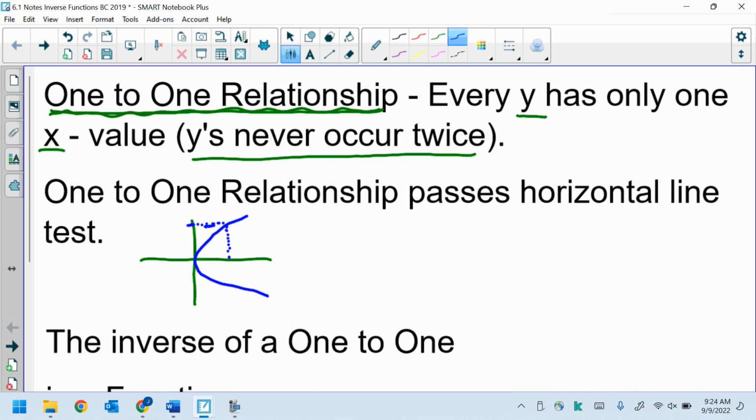And the y value of 4 has no other x values. So it passes the horizontal line test. A horizontal line is only going to touch a one-to-one relationship at most at one point. Now this isn't a function because it fails the vertical line test, but it is a one-to-one relationship because it passes the horizontal line test.